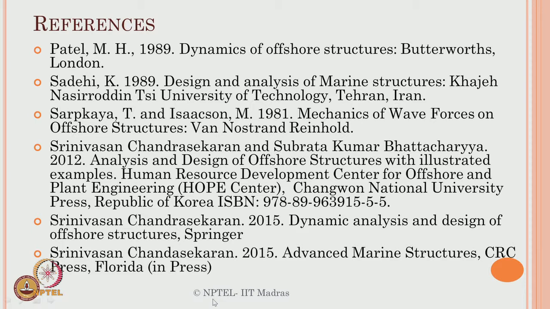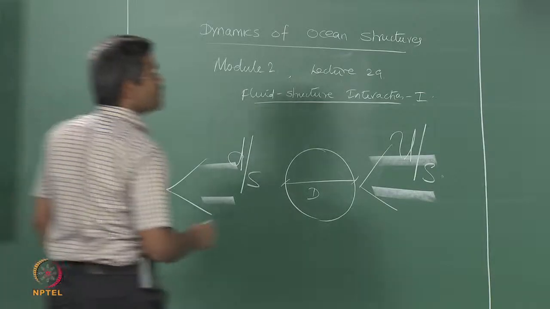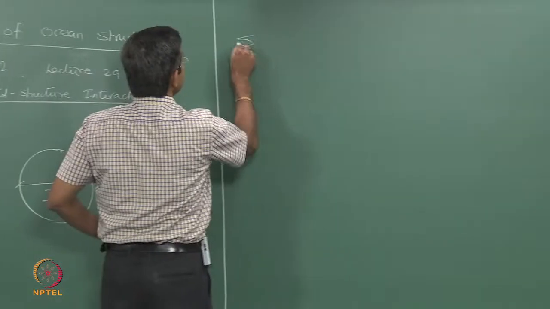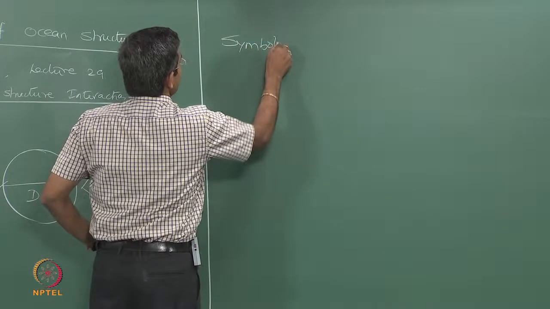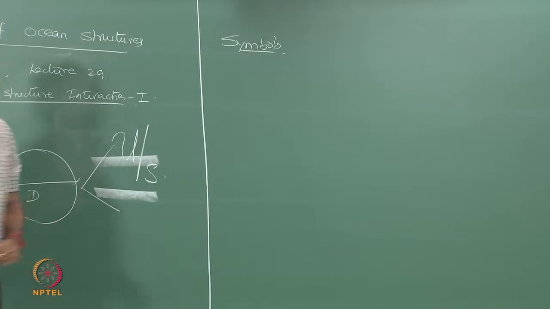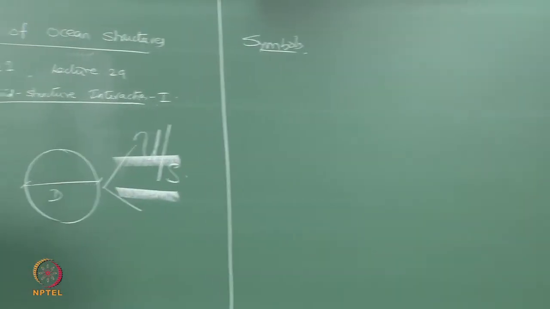Now, adding to having a summary of the forces which act on the cylinder, we will give you some important non-dimensional numbers and some of the important effects of these forces in a summary as a table. So, let us talk about some of the important symbols and forces used in terms of relationships.